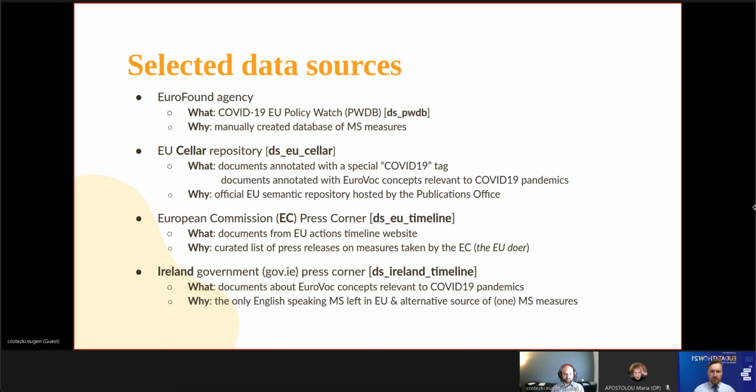And it's growing. It covers at the moment over 1,000 entries, and it's growing. So if we want to focus specifically on one country, we could start from the PVDB, and it's in English.